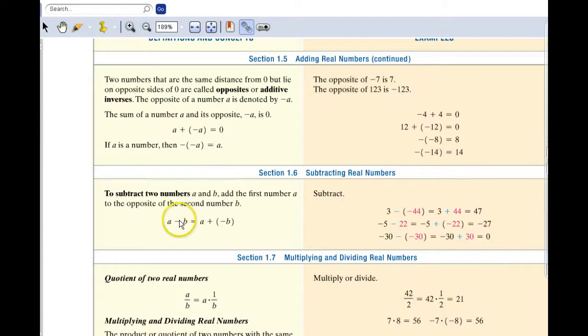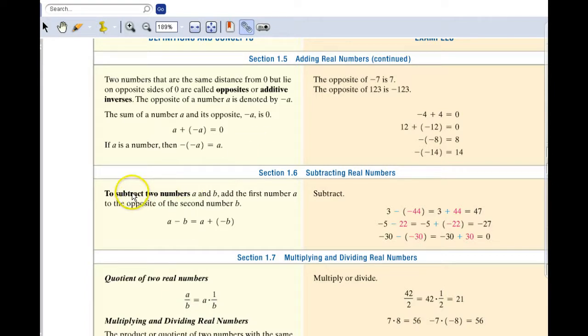We can think of subtraction in this next item as A minus B, or we can think of it as addition of A plus a negative B. So subtraction and addition in algebra is very similar. And in fact, subtraction almost is done away with, but we do use it.